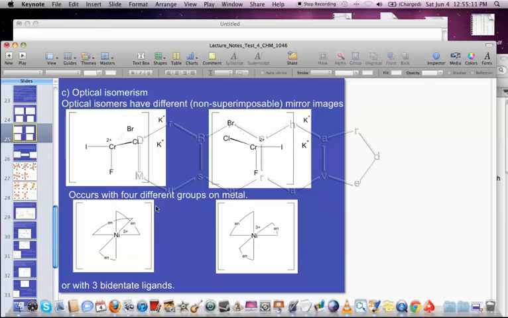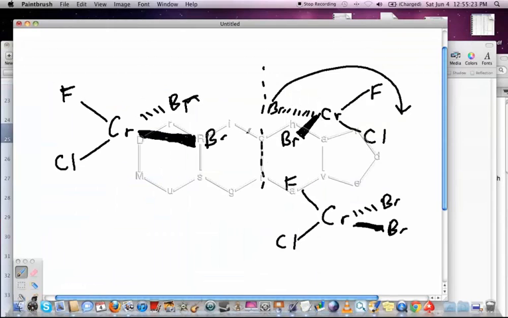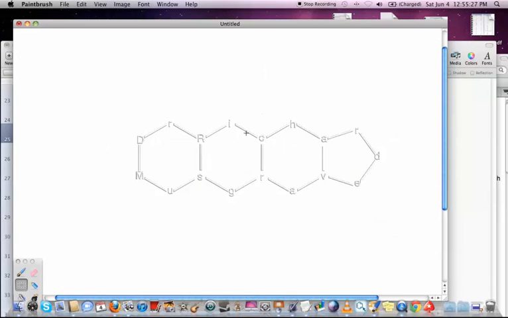Okay, there's another way that we can get stereoisomerism, and that is when we're using bidentate ligands. Now let me explain what this En business is. Alright, so let's say we've got this, oops, it's a nickel. Use the same one.